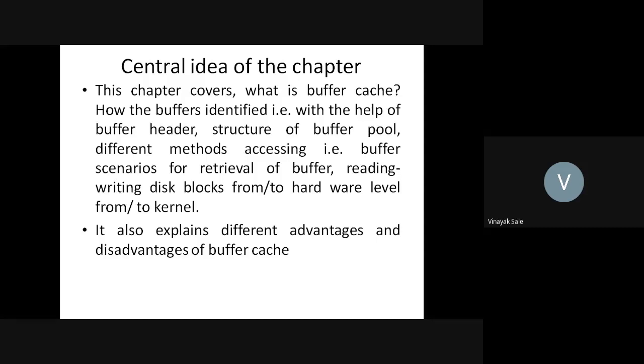It also explains the advantages and disadvantages of the buffer cache.